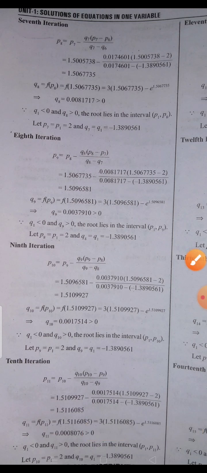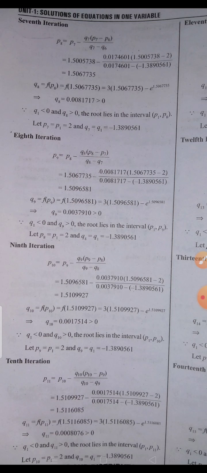Next, Q11 is equal to f of P11, which is equal to f of 1.5116085, which is equal to 3 into 1.5116085 minus e power 1.5116085. This implies Q11 is equal to 0.308076.